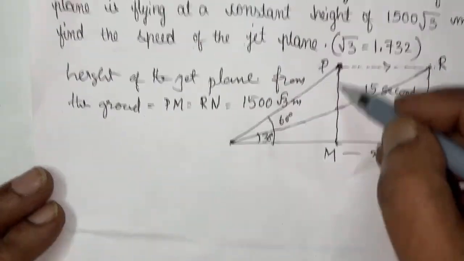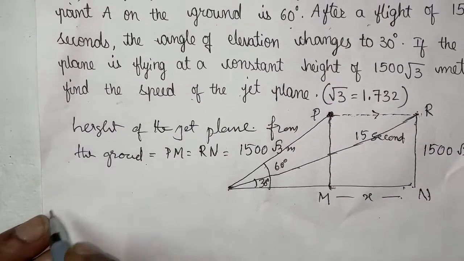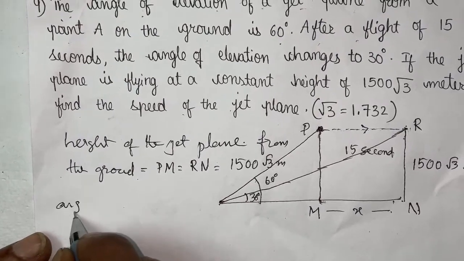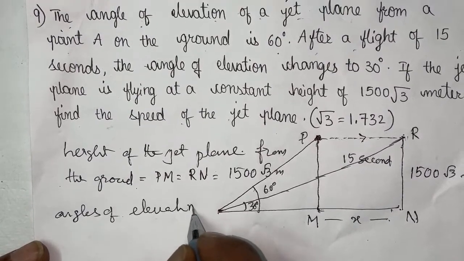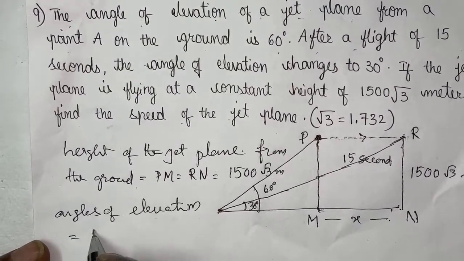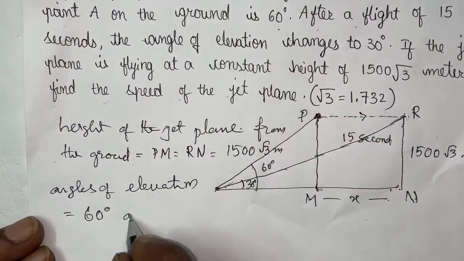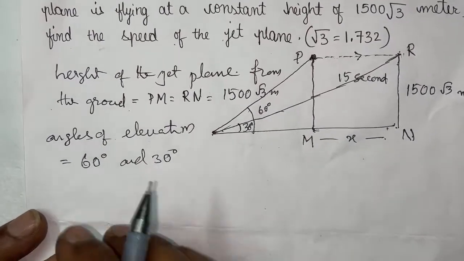This is the height at which that plane is flying. And angles of elevation, already you know, are equal to 60 degrees from the point P, and 30 degrees. So now we'll go for the calculation.